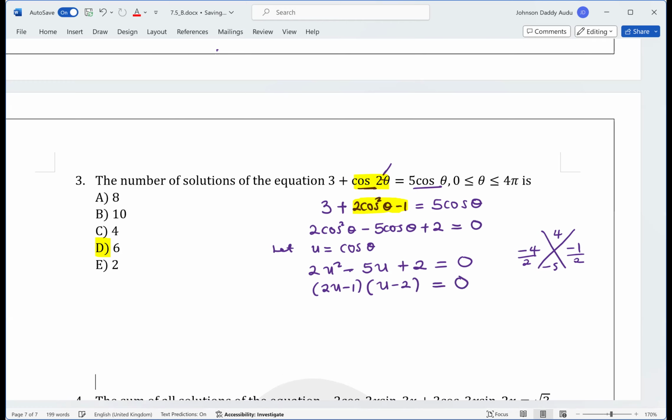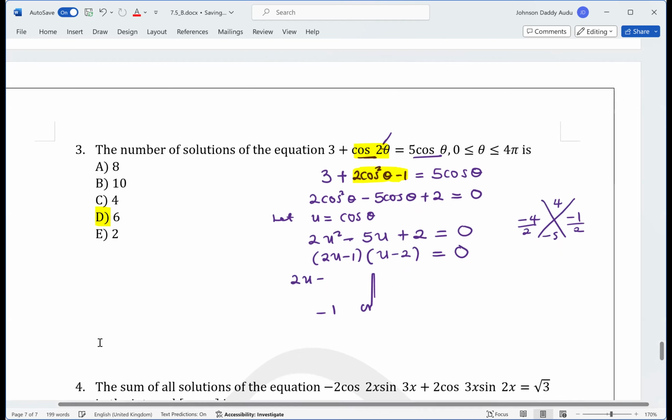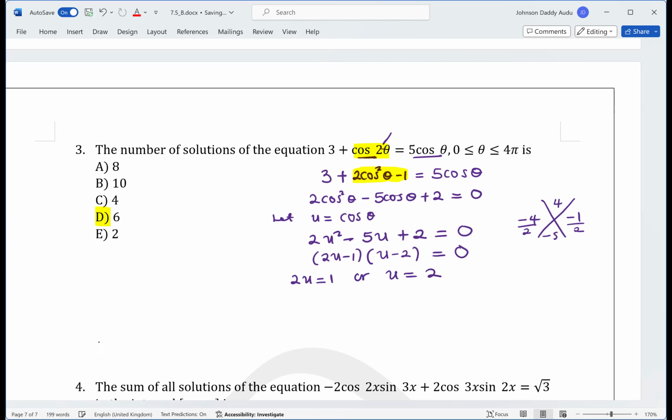Okay, so this means that 2u equals 1, or u equals 2. But what is u? U is cosine, so it means that cosine theta is going to be half, or cosine theta equals 2.